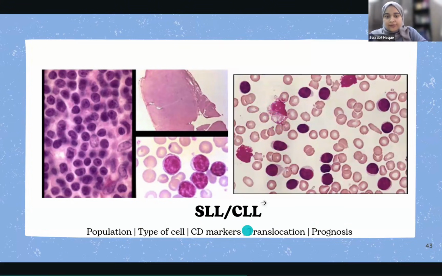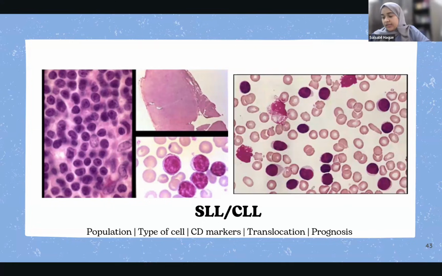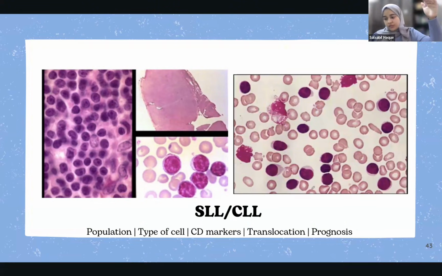They're seen in CLL very distinctly. The population usually covers older adults, more than 60 years old usually. And the markers that you're going to see are CD5 and CD20. Very, very important to know. One way to remember this is S looks like a 5, right?